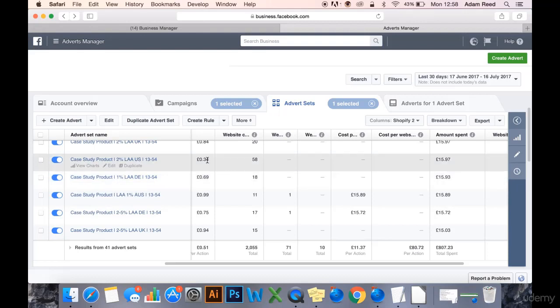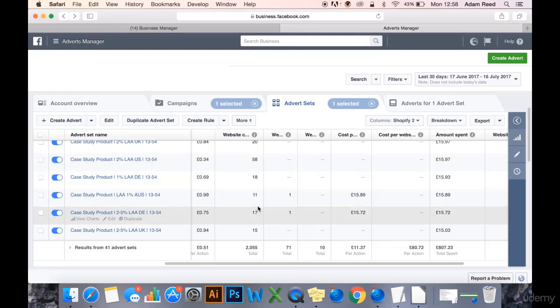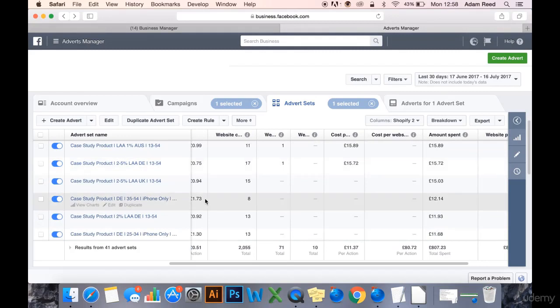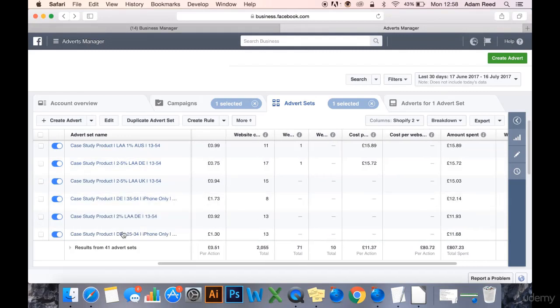These US lookalikes have been the cheapest so far, and UK and Australia have been the most expensive. 173. Oh, and Germany's pretty expensive as well, 130.